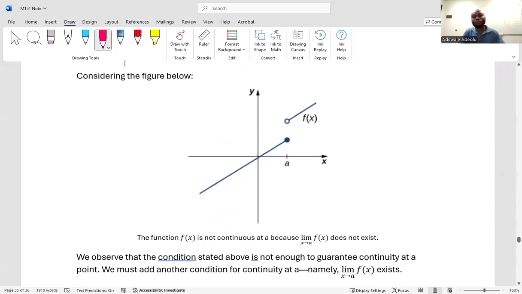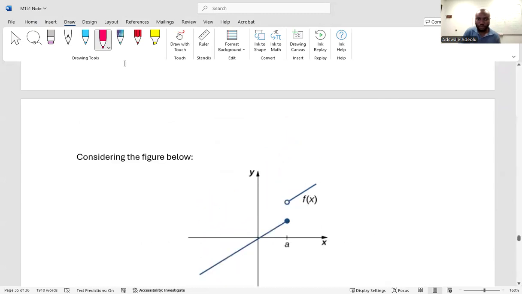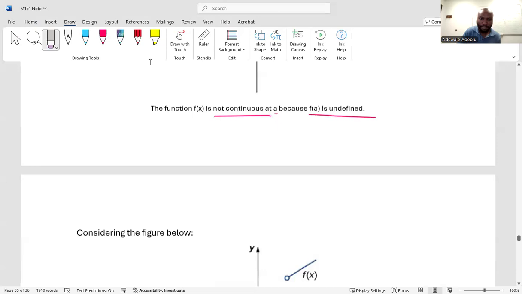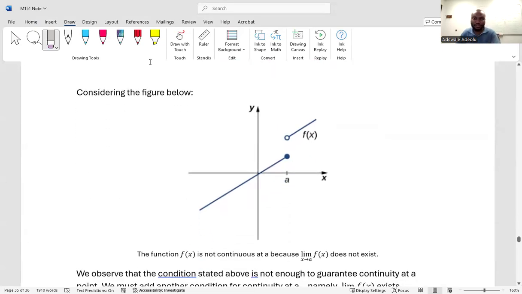Okay. So looking at figure A, we said we must have the situation whereby this point is solid. That is, you cannot lift your pen. It is solid, so you can go through that point. You can trace it without lifting a pen. However, look at this graph. We do have that at point A, f of A is actually defined. It is there. Look at it. Solid.